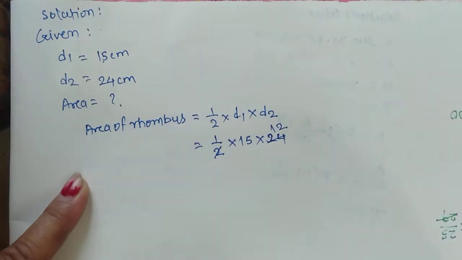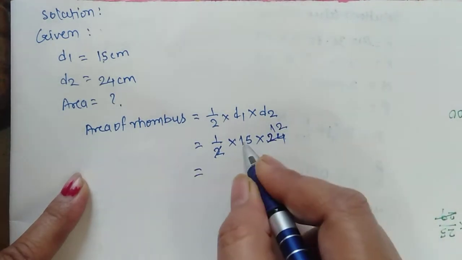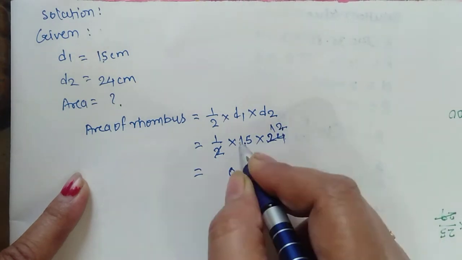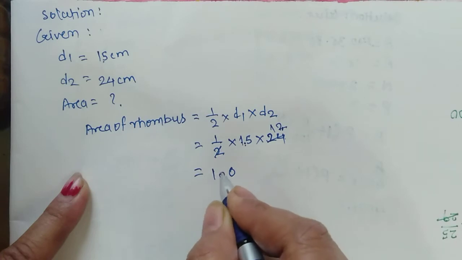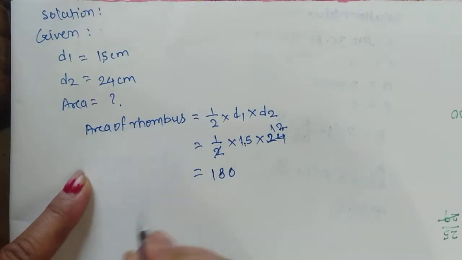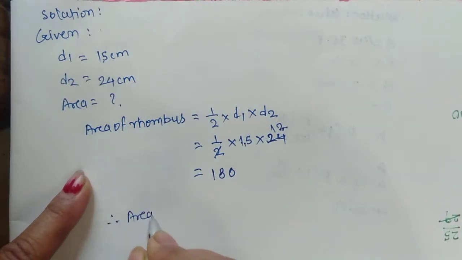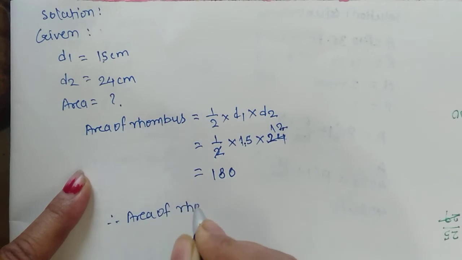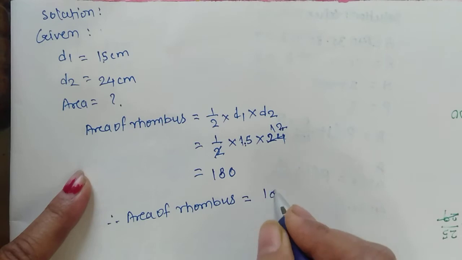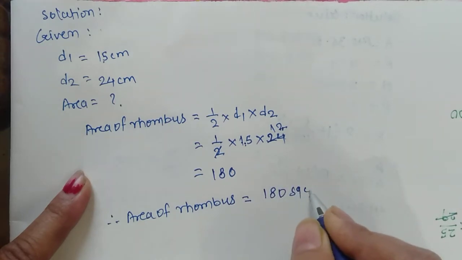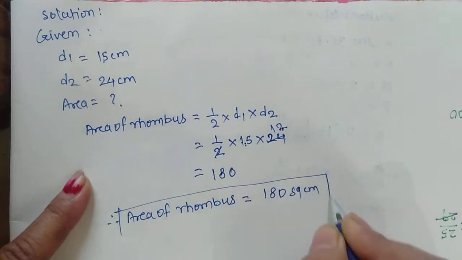It is 12. So 15 multiplied by 12. 12 fives are 60, 6 is a carry. 12 ones are 12, plus 6, it is 18. So therefore area of rhombus is equal to 180 square centimeter. Very simple.